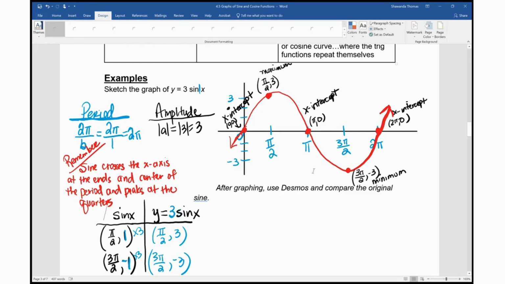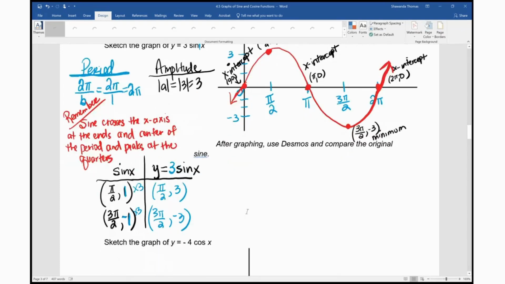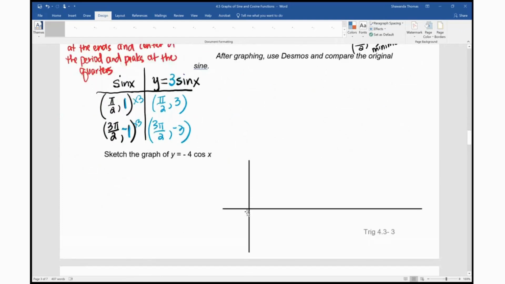Let's try another one. Sketch the graph of y equals -4 cosine x. Let's find the period first. What is the formula for the period?